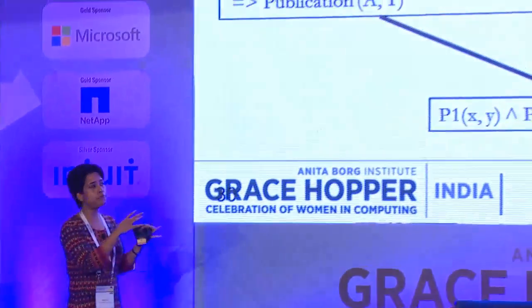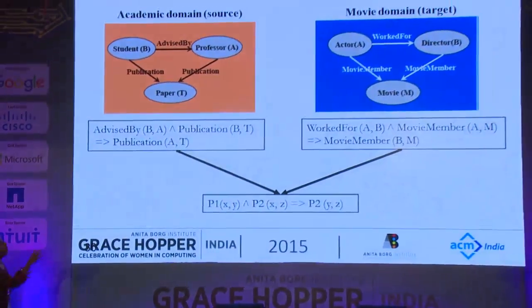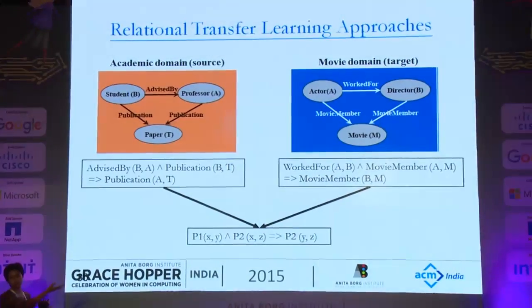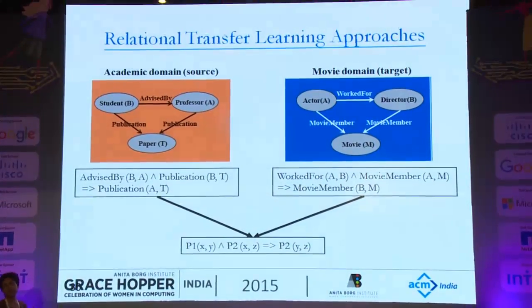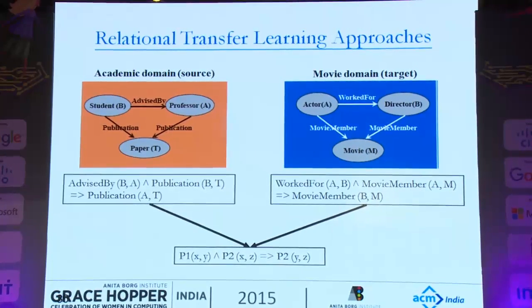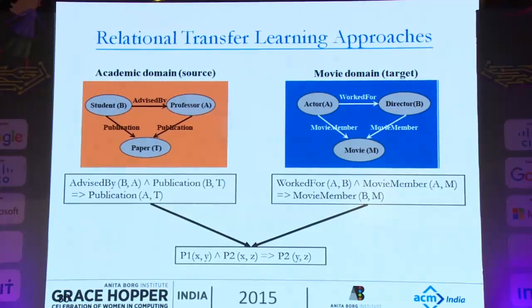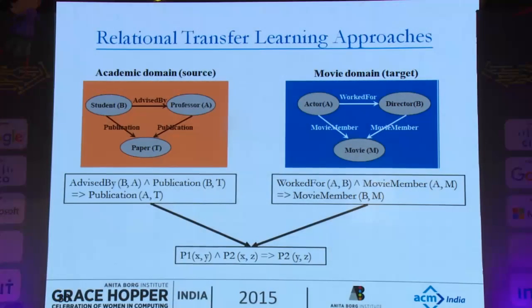Now we can transfer these relations, this logic or the mappings, to a movie domain, where a director advises an actor and the film is produced. So this kind of relational mapping is considered in relational transfer learning.